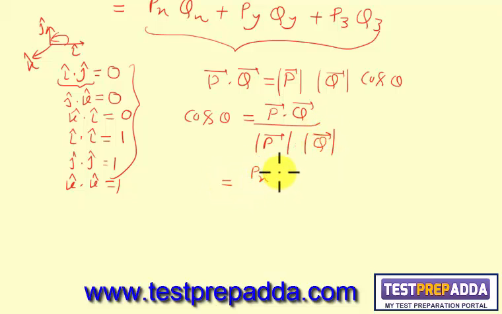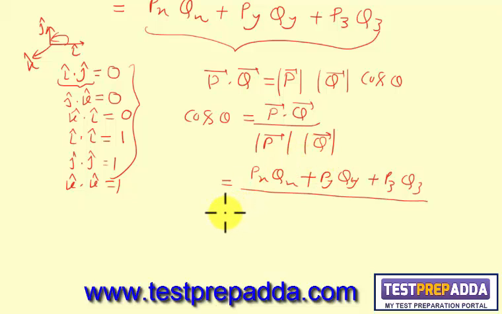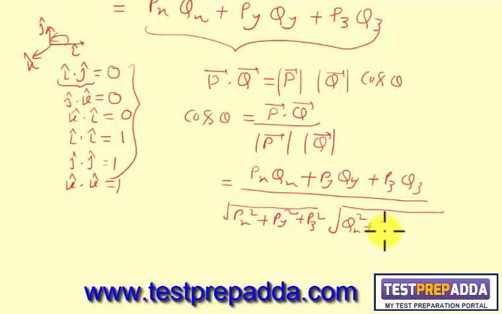Values will be what? Px Qx, Py Qy, Pz Qz upon, what will be modulus P? It will be square root of Px square plus Py square plus Pz square. What will be modulus Q? It will be square root of Qx square, Qy square, Qz square. This way we get the angle between the two given vectors.